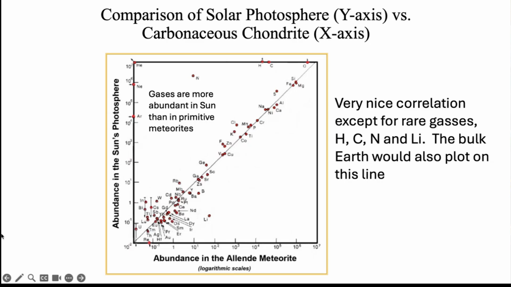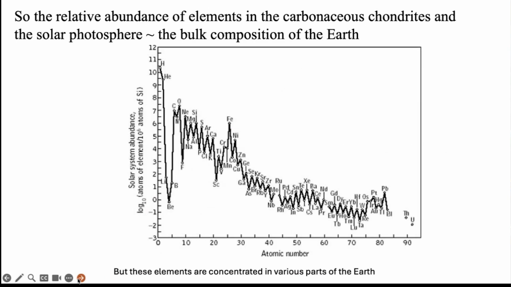So you'll see occasionally rare earth patterns that normalize things to chondrite, and that's why it's thought that chondrites represent the bulk Earth. All right, so this is the relative abundance of elements in carbonaceous chondrites and the solar photosphere. It's the bulk composition of the Earth. These elements are concentrated in different parts of the Earth because the Earth differentiated.